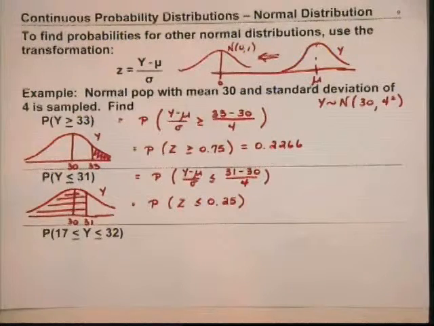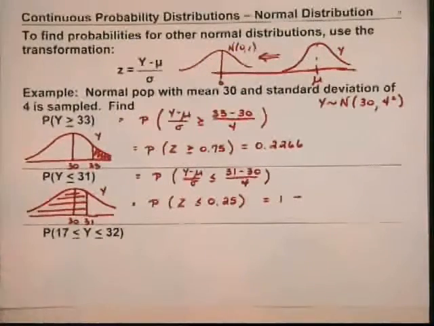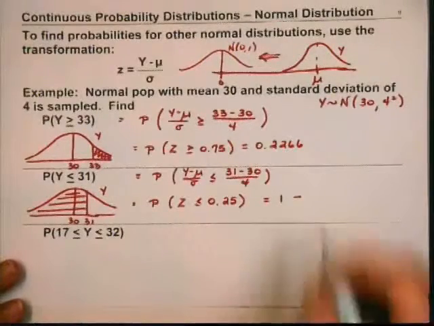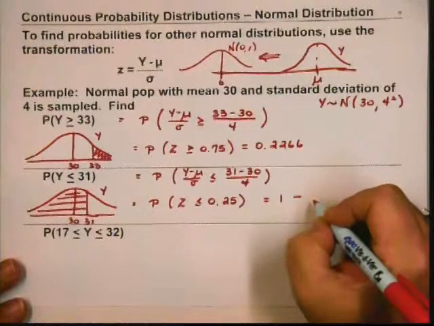How do we find that from the table? We look up z equals 0.25, find the right-hand area, and we have to subtract it from 1, agreed? So this would be equal to 1 minus, what area do you find? 0.4013.